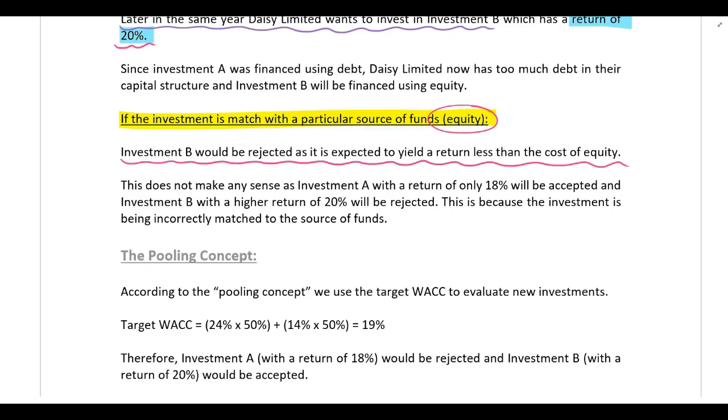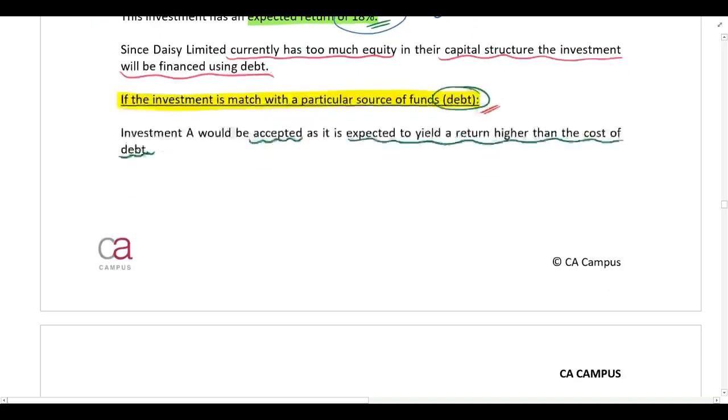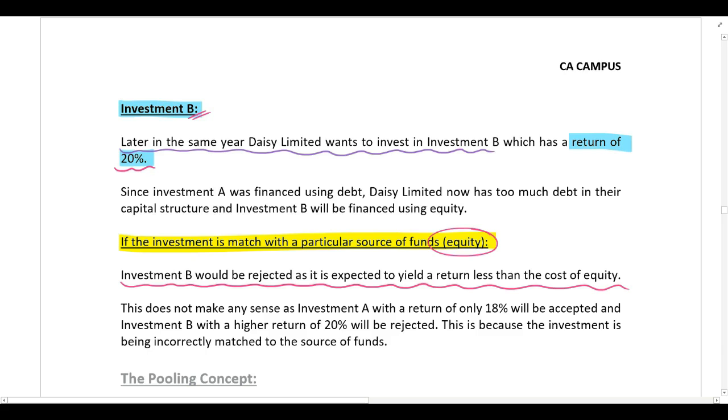Now I want you to ask yourself whether this makes sense. We accepted investment A, and investment A had an expected return of 18%. We accepted that. However, investment B has an expected return of 20%, and we are rejecting investment B. That does not make any sense.